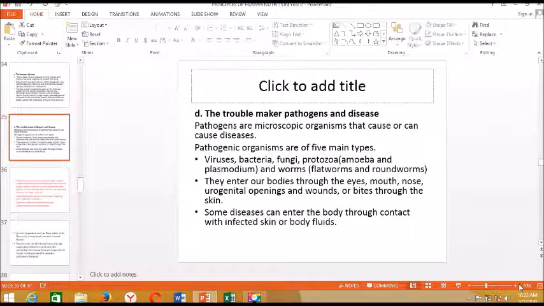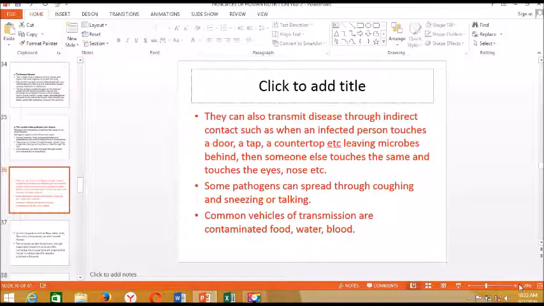There are some diseases which you can catch through touching other people's skin or through touching other people's body fluids like urine, like mucus, like blood. These are all pathogens, and pathogens are very dangerous microscopic organisms that can cause disease.